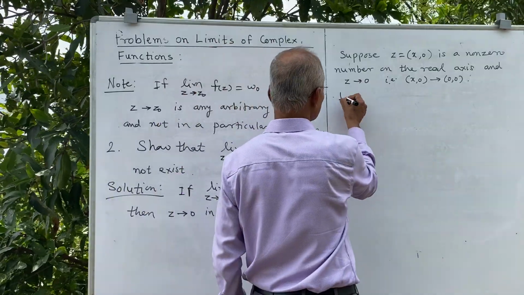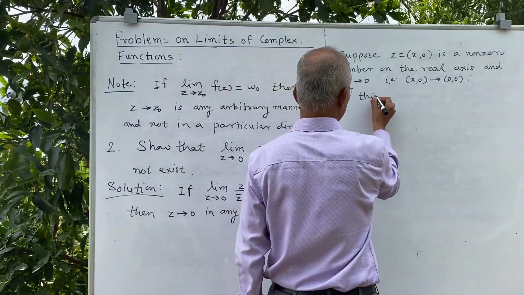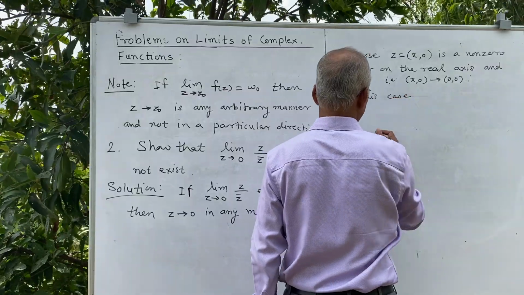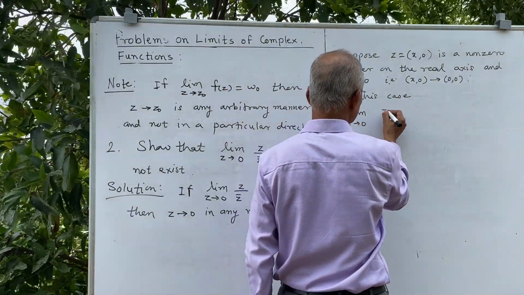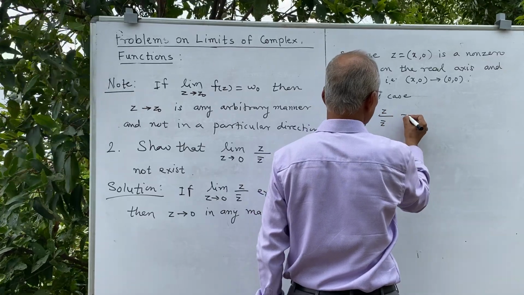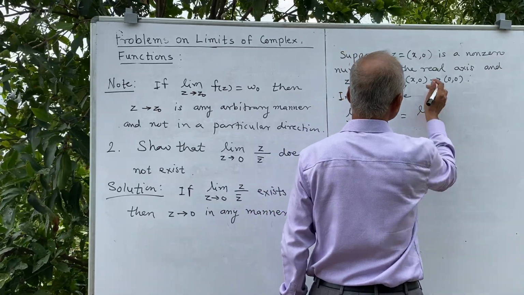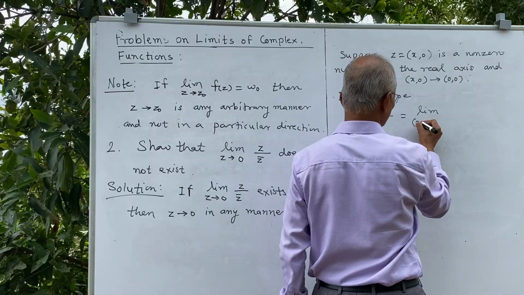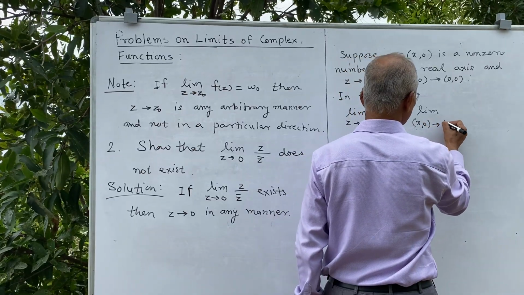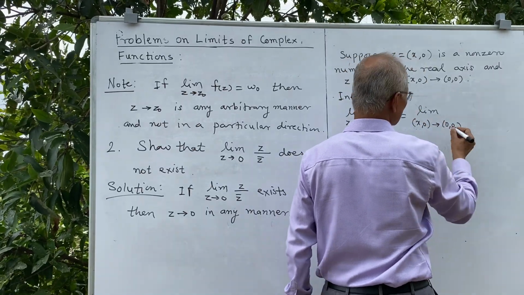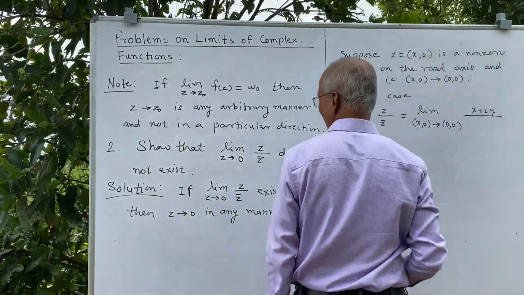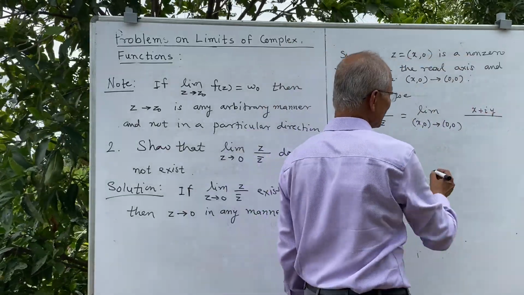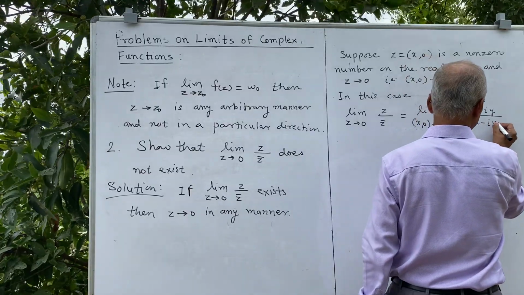In this case, limit z tends to 0 of z divided by z bar is equal to limit. What is z? Z is x comma 0 and tends to 0 comma 0. What is z? It is x plus iy. And what is z bar? Z bar is x minus i into y.